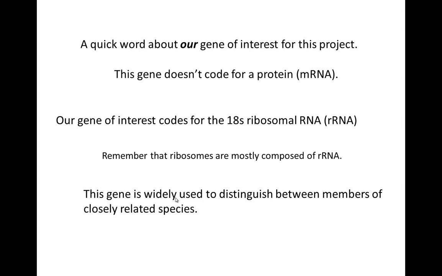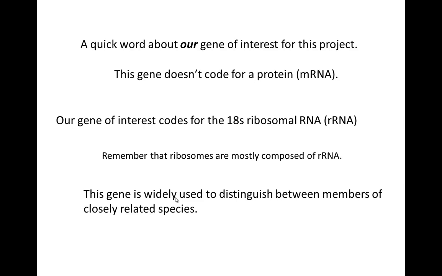Secondly, this gene is highly conserved. That means it does not accumulate mutations very quickly in evolutionary time. In order for a molecular clock to be useful, it needs to accumulate mutations over time in a fairly regular way. I don't mean the mutations are regular, they're random, but you only get a certain number of mutations per million years.